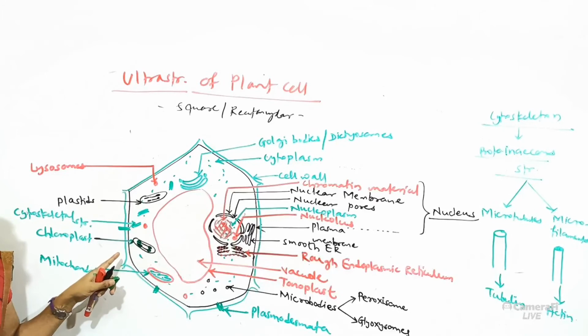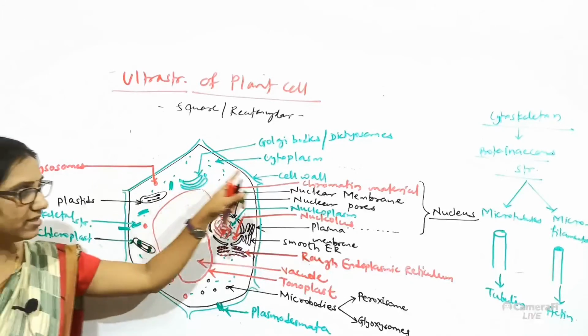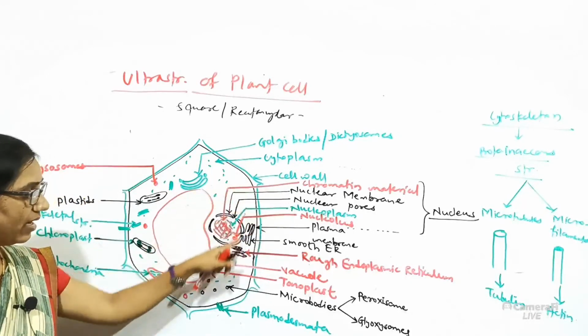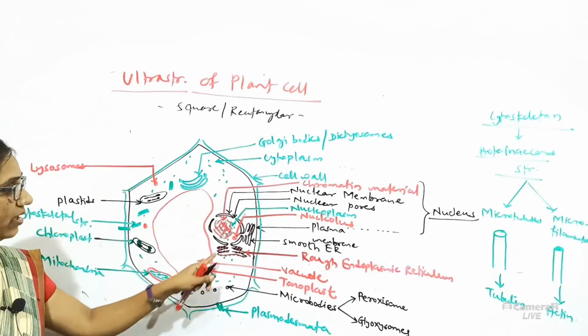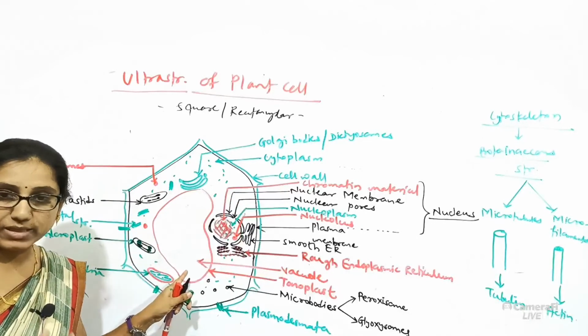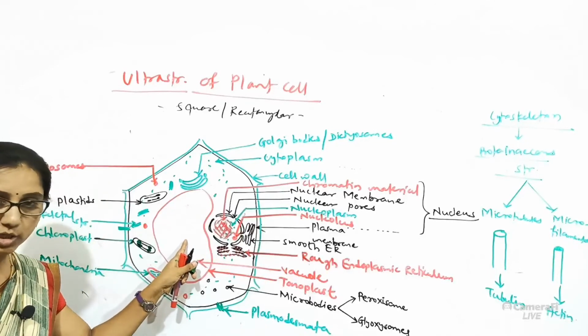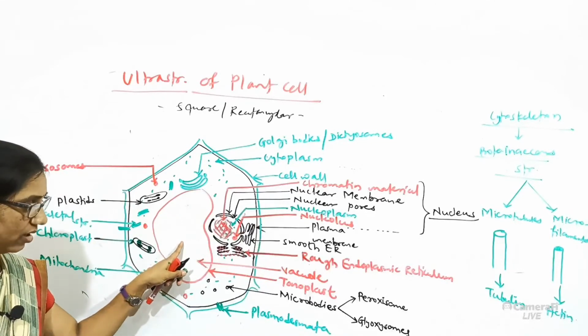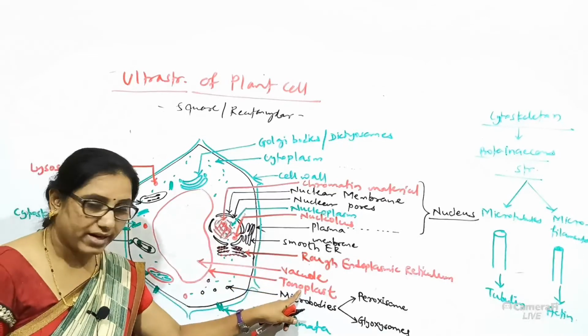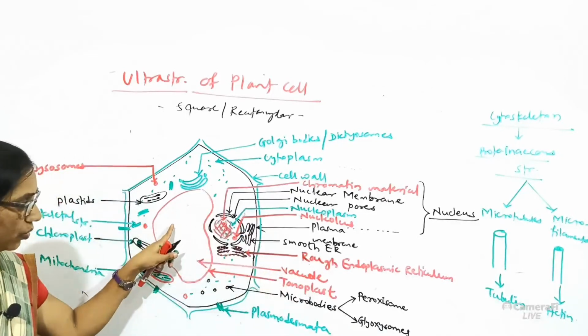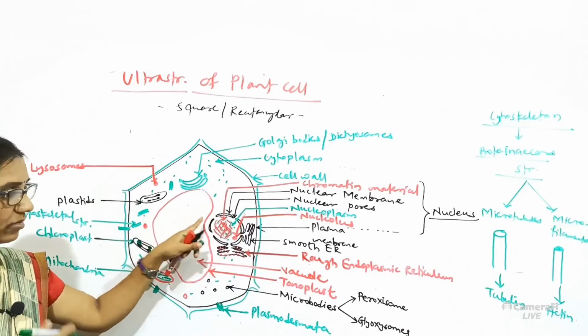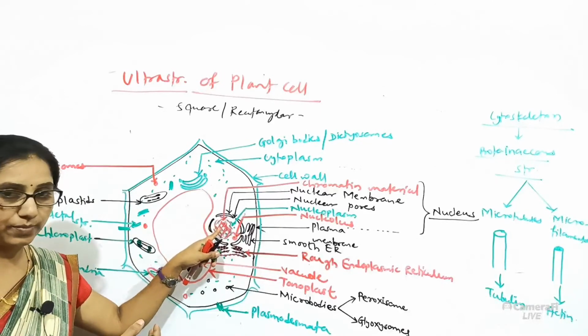I will just repeat once again. The outermost boundary is the cell wall, followed by the plasma membrane. Then the inner side is filled with the basic jelly substance, protoplasm. The central part is occupied by a large vacuole. The membrane of the vacuole is called tonoplast. Due to the presence of the vacuole, the nucleus is shifted towards the periphery.